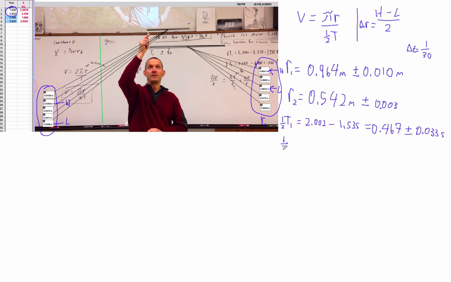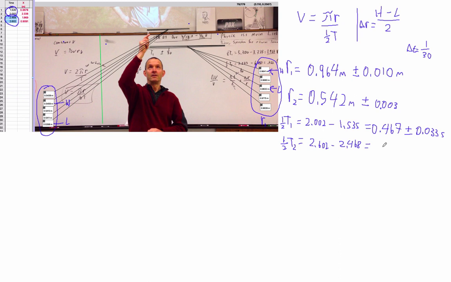Half of T2, remember we're only dealing with half periods here because it only went from one side to the other. Half of T2 are these times here. So that's going to be 2.602 minus 2.468.